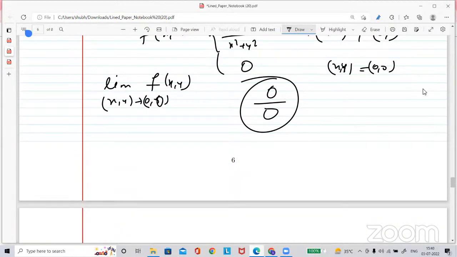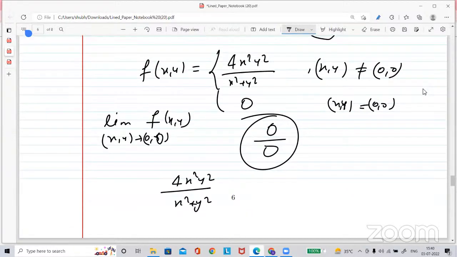Sorry, before we do that, can I ask one question, sir? As per the definition of the function, we should not substitute 0, right? Because it's not defined at 0. Or I didn't understand, sir. No, actually the function is defined at (0, 0). The function is defined to be 0 at (0, 0).